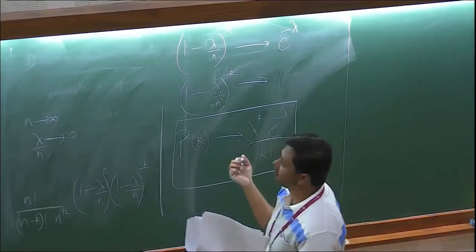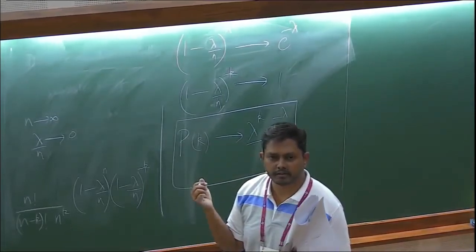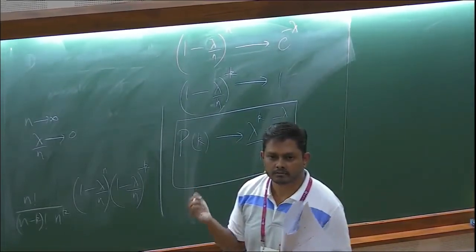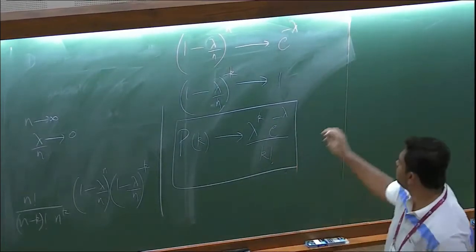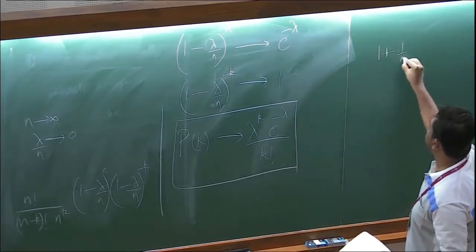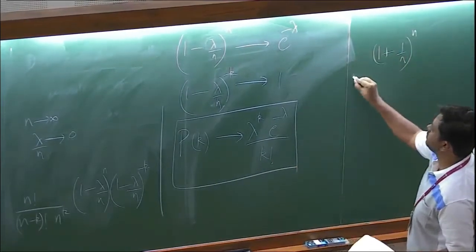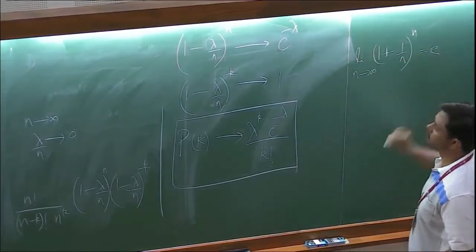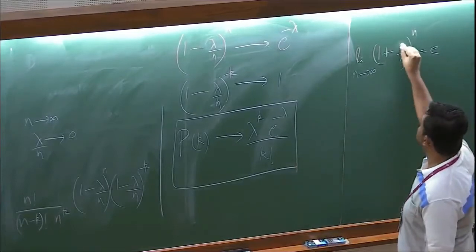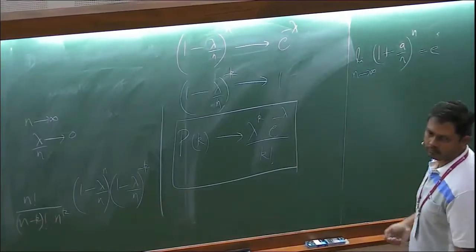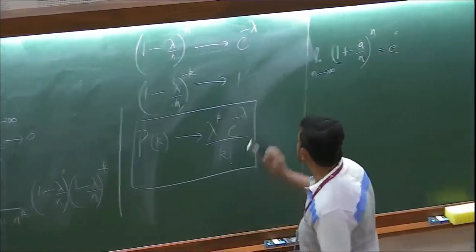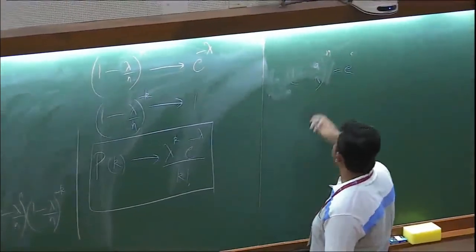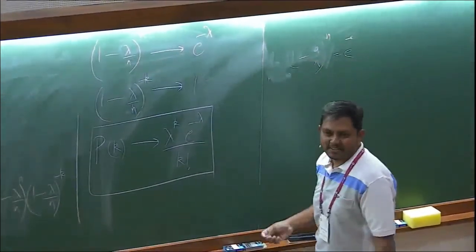It's one of the definitions of e, no? 1 plus 1 by n to the power of n as n tends to infinity is e. And so if you have something here, that's e to the power a. Minus a doesn't do anything different.